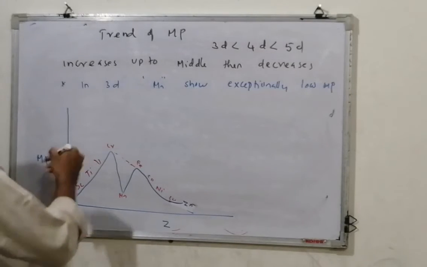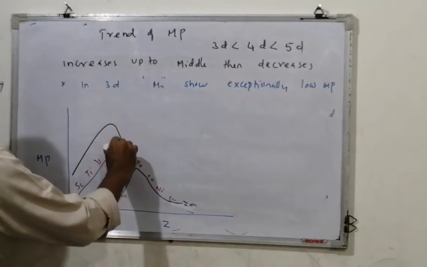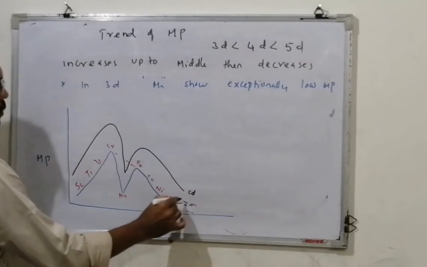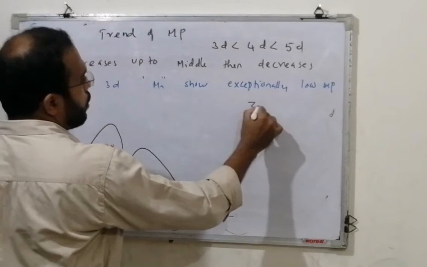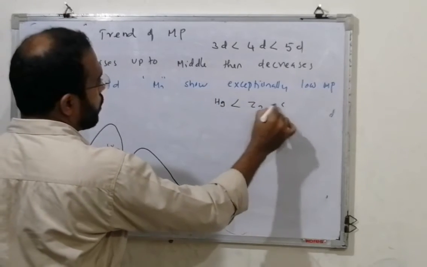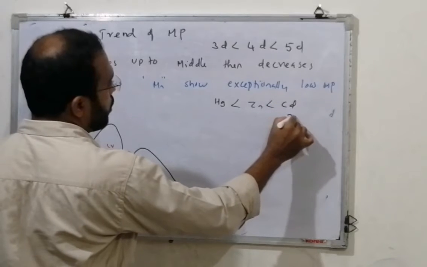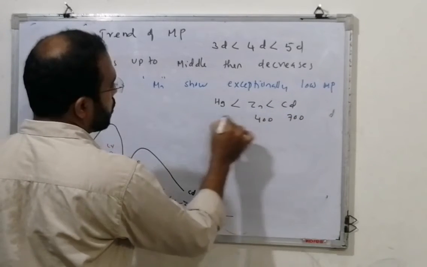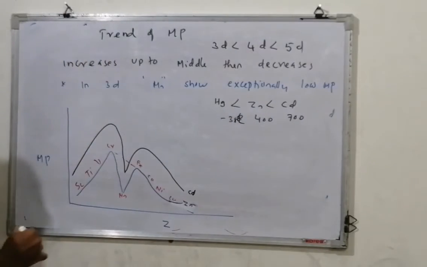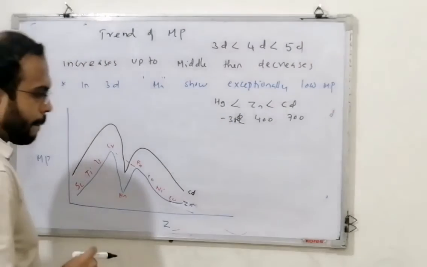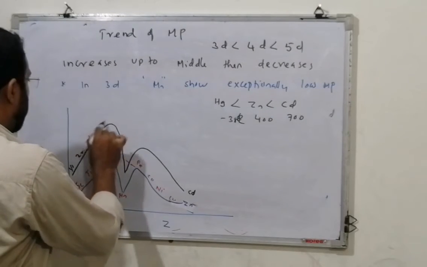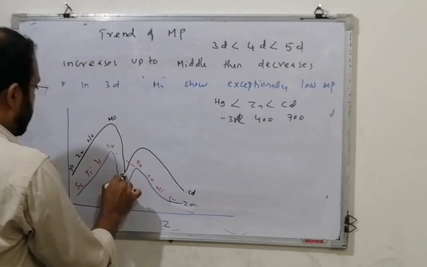Now our 4D series. This is cadmium, zinc. This is mercury, zinc, cadmium. This is 700 something, this is 400 something, this is minus 38 degrees centigrade. Here yttrium, zirconium, niobium. Here molybdenum, technetium, like manganese.